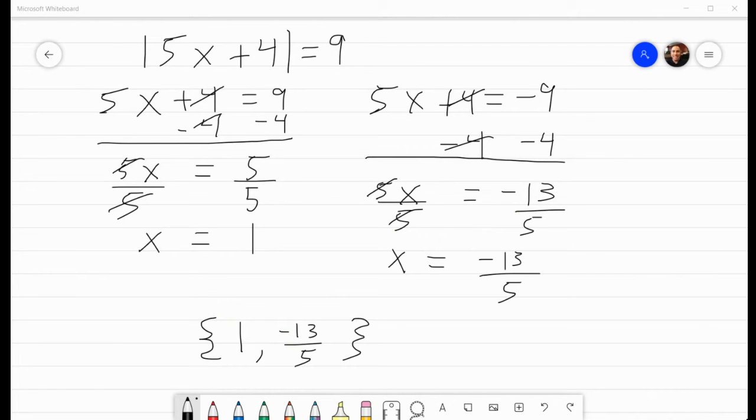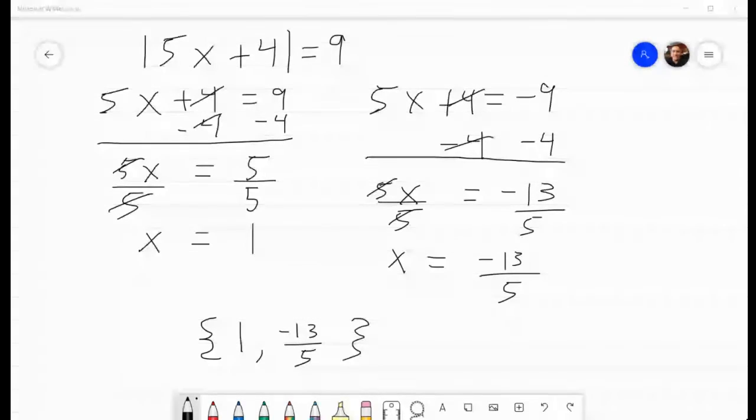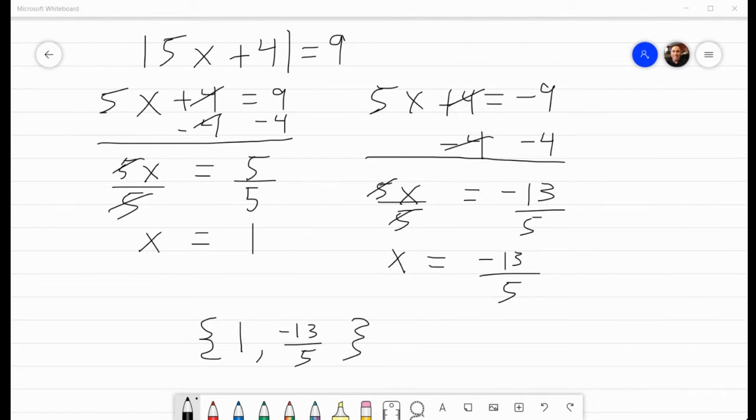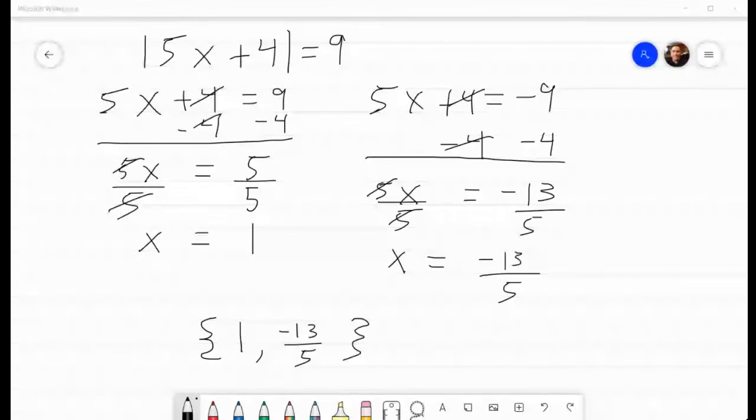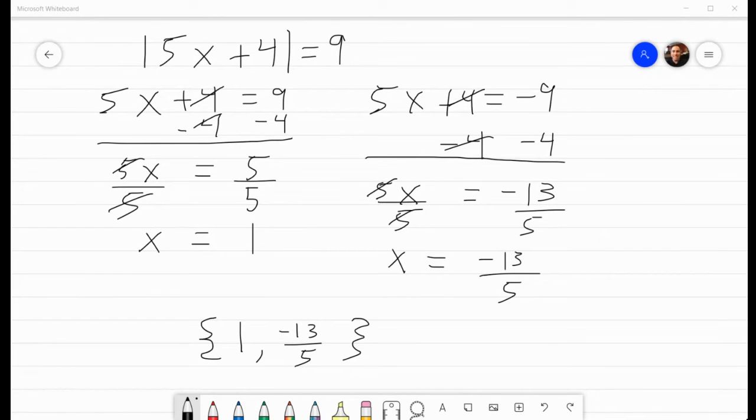It doesn't matter what order you write your answers in the curly braces, because with curly braces, the order doesn't matter. Are there any questions about this? If not, we'll do more examples from the worksheet.